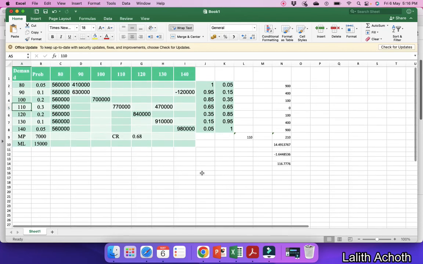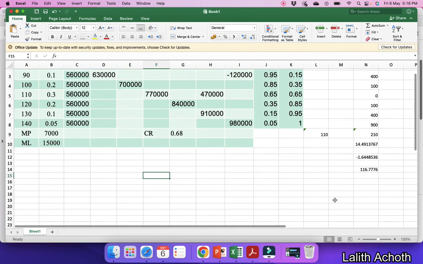Okay. Now I'm going to calculate the mean. How do I calculate the mean? The mean is nothing but demand into probability of demand. They call it expected value. So expected value is x into p of x. I can do it quite easily here, let's make it a little bigger, by a sum product.